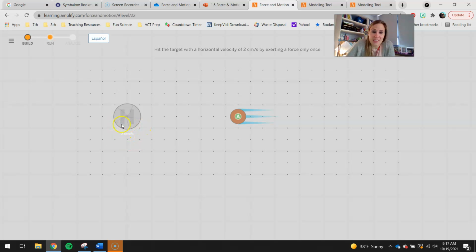But this velocity that it requires, or your final velocity, needs to be positive 2 centimeters per second, meaning that our object needs to be moving to the right. So right now it's moving to the left, so we need to let our puck drive over top of the target. We're going to stop it here, and then we're going to reverse the direction of our puck to put it back into that hole moving to the right at 2 centimeters per second.